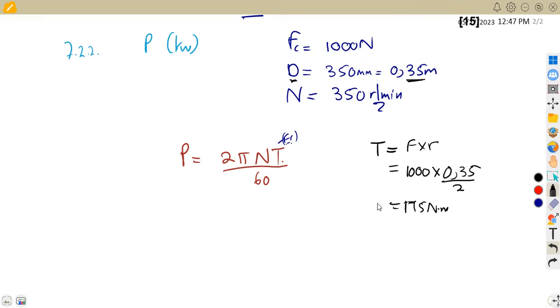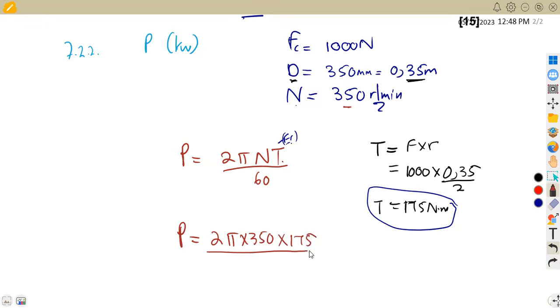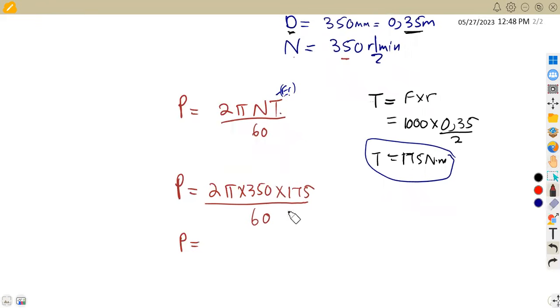All right. Having this T as our torque in this case, therefore, we can calculate the power, which is from our formula that we wrote here, that power is equivalent to 2 pi times n, which is the speed of 350 revs per minute, times the torque in this case of 175 divided by 60. We can have our power. If we divide properly, we are going to obtain our power as 6414,085 in watts.